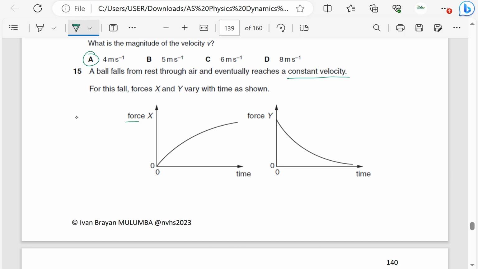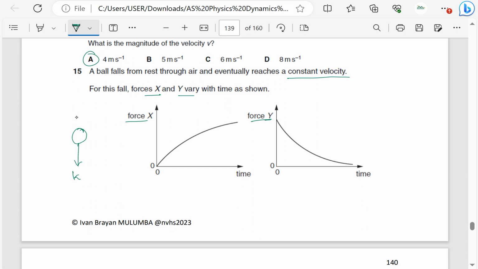So the graph of force for this fall, force X and Y vary with time as shown. Let's say the ball is falling in air.